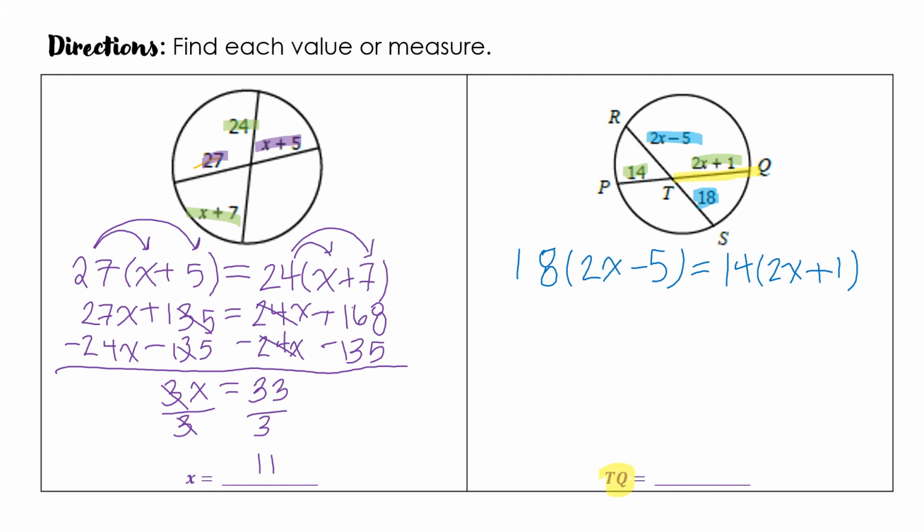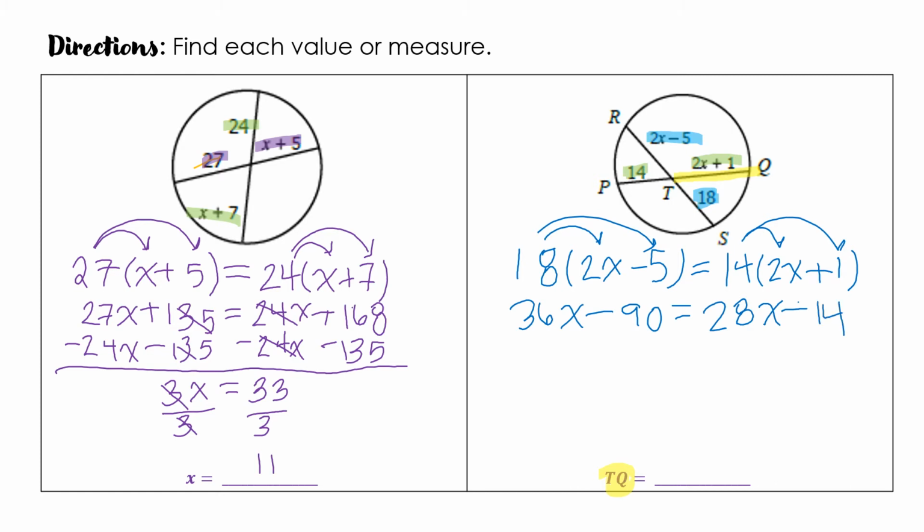So now we're going to distribute. 18 times 2 is 36x, and 18 times 5 is 90. Then I'm going to distribute the 14. 14 times 2x is 28x, and 14 times 1 is 14.